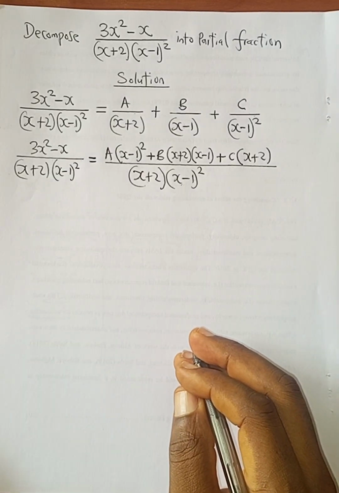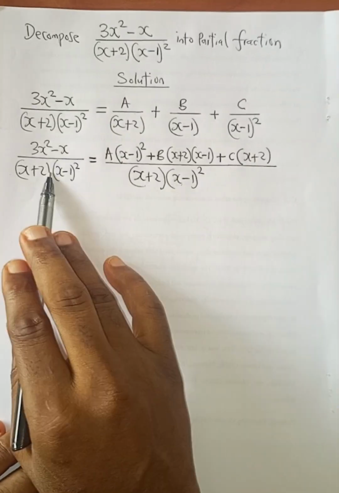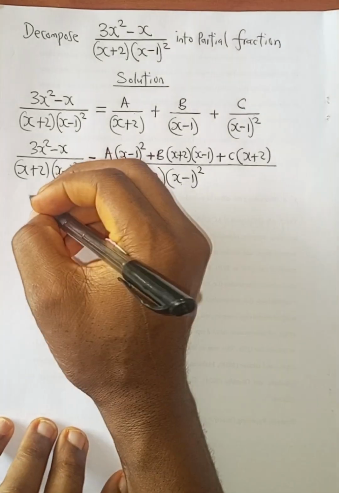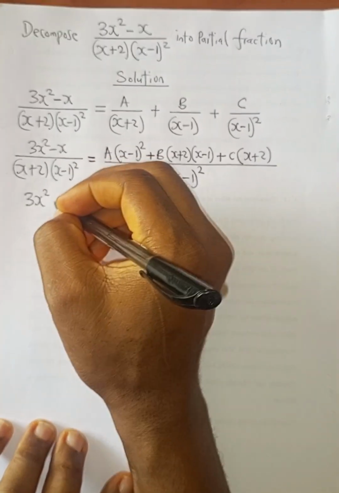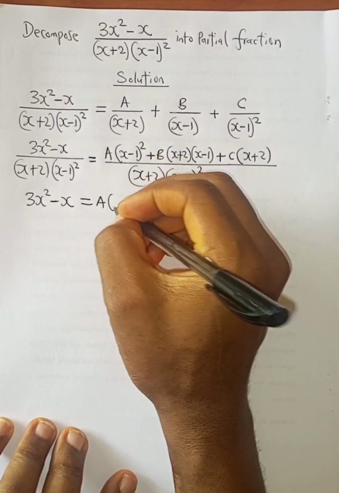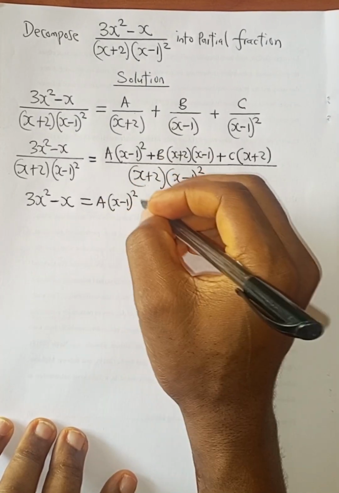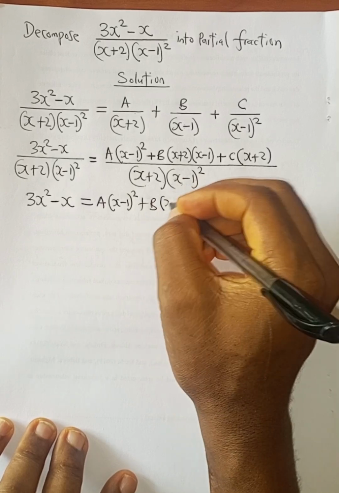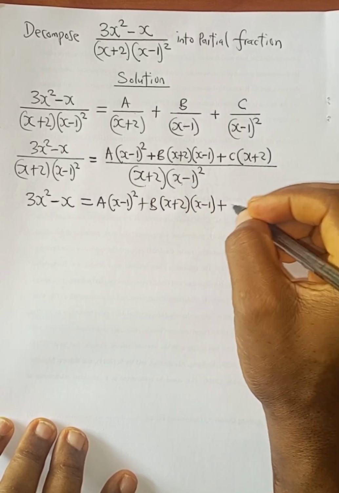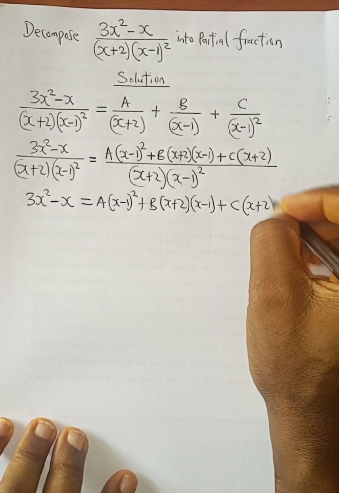I told you from our last class that since the denominator is the same, there is no need for cross multiplying. This will cancel this. So we are left with 3s squared minus x is equal to A bracket s minus 1 squared plus B bracket s plus 2 s minus 1 plus C bracket s plus 2.